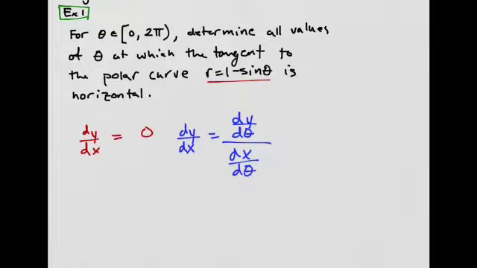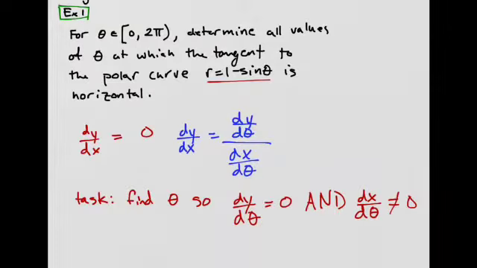But so let's look at this. To reword this question, it's asking when is dy d theta equal to 0 and dx d theta not equal to 0. So that's what I'm going to try and do.